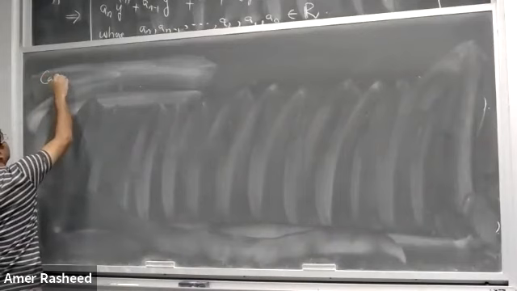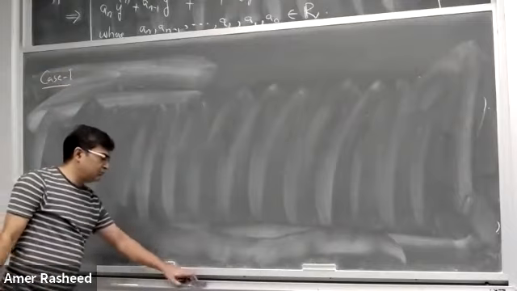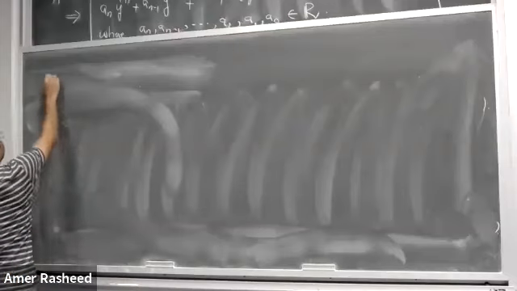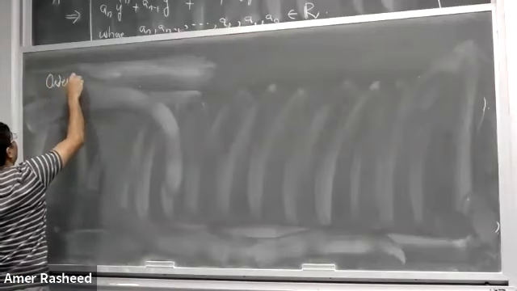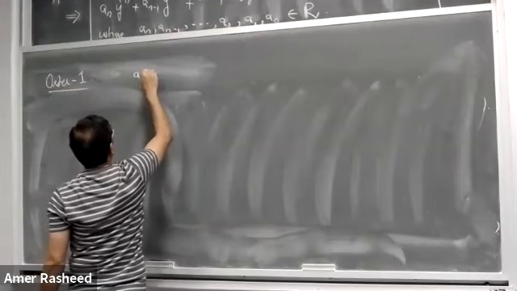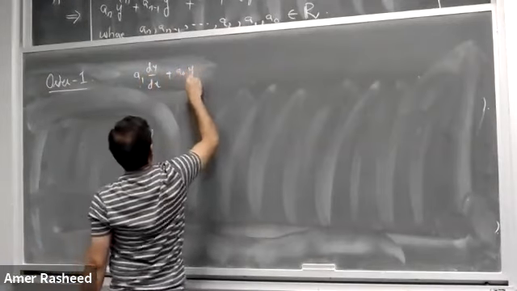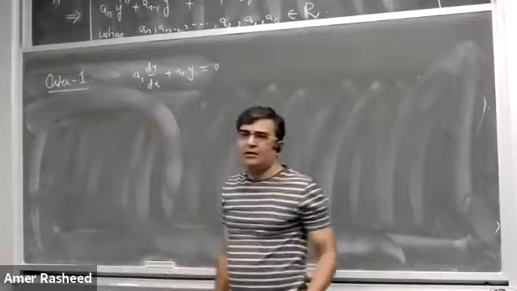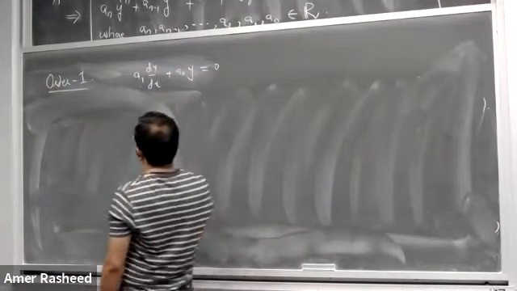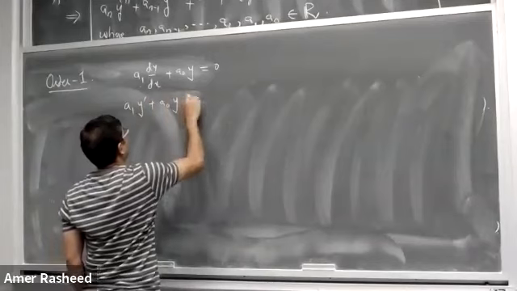Order one: if that equation has order one, what is it? a_1 dy/dx plus a_0 y equal to 0. This is a first order linear homogeneous differential equation with constant coefficients. Or we can write it as a_1 y' plus a_0 y equal to 0.